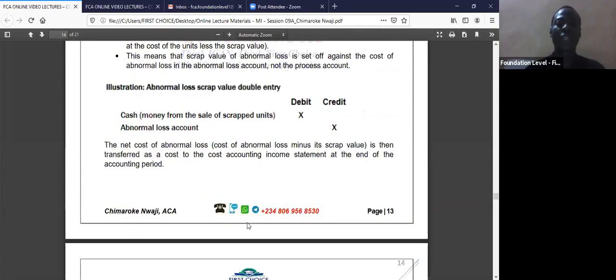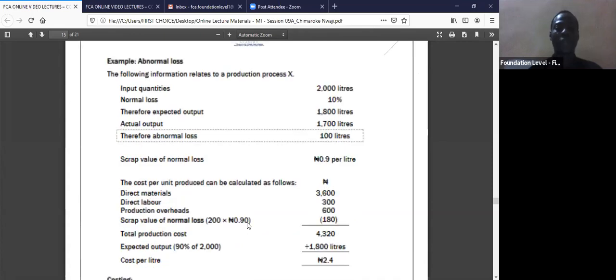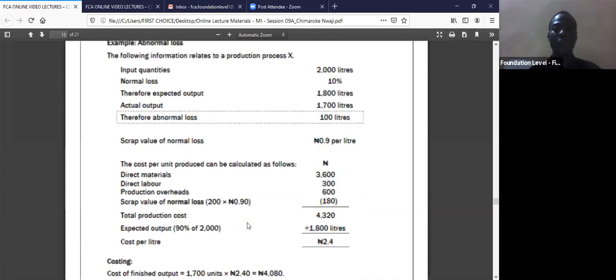Okay, we now saw an example here where we had an abnormal loss of 10, or 100 liters, after we have incurred a normal loss of 200 liters. And we find out that our expected is still 1.8. We are using the 1.8. But you see, we still have to deduct the scrap value of the normal loss to get this total production cost.